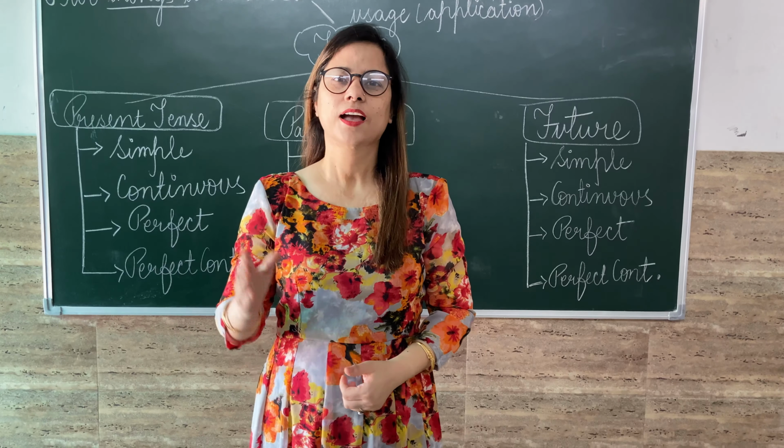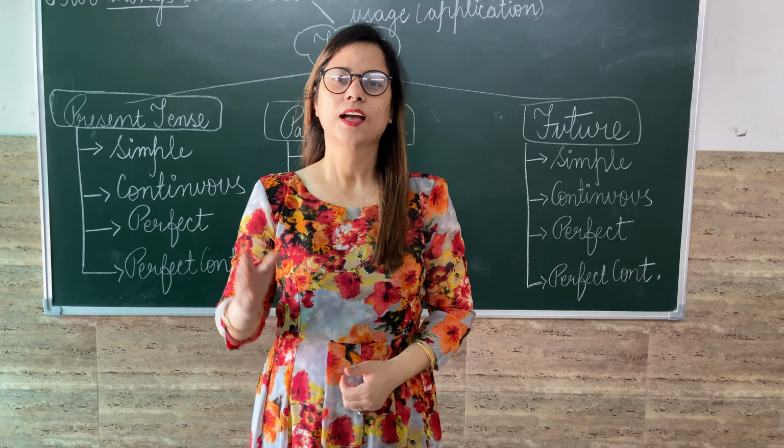Now let's see the rule for interrogative question sentences. We always place the helping verb in the beginning of the sentence in case of interrogative sentences. I'm sorry friends, before that I forgot to tell you about negative sentences. First let me tell you about negative sentences.